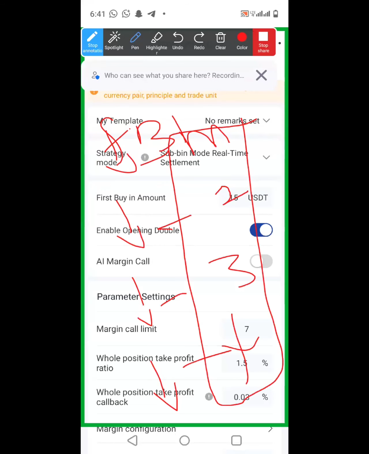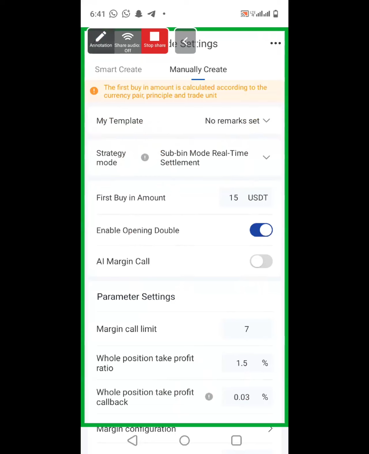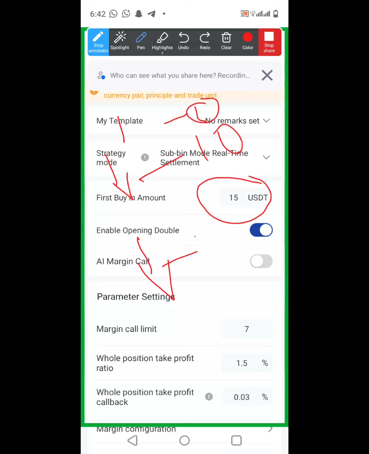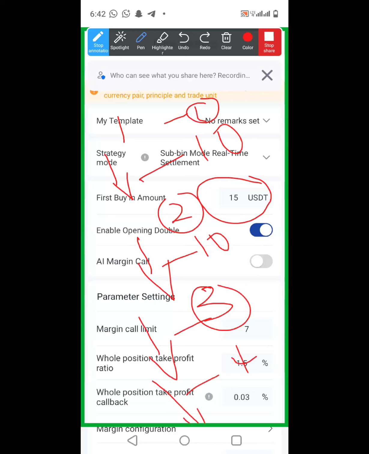All right. Now, for example, let's say you enter your first buy to be $15 here. And when the market is dropping and the robot buys $10 for you, which is number 1 margin call, and it drops again, you buy another $10, which is the 2nd time. Now it drops again. It buys number 3 and it buys number 4. And how much is it buying? $10 each.